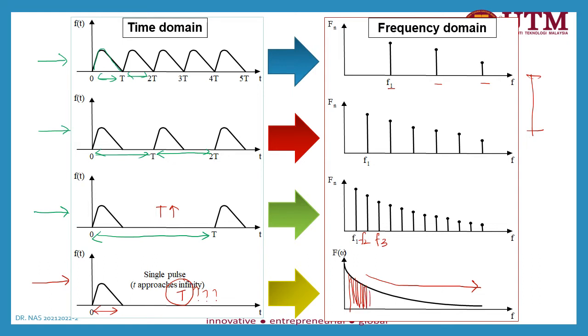So you can't even know which harmonic is which, due to the very high value of T. Therefore, the F is getting very, very small. So you cannot represent each single harmonic. Okay, so that's why when T approaches infinity, the spectrum will appear as lines.